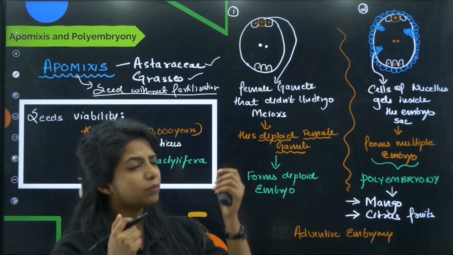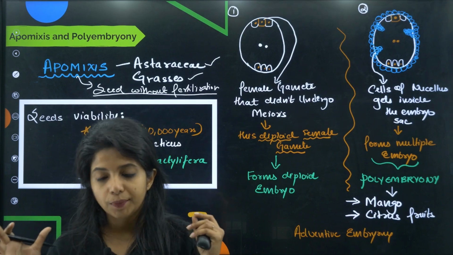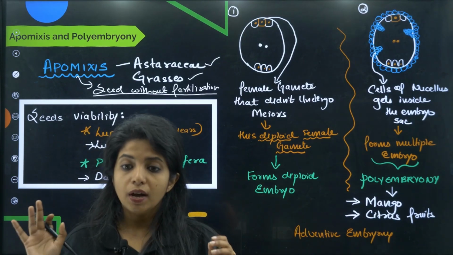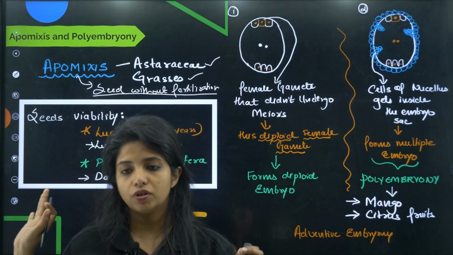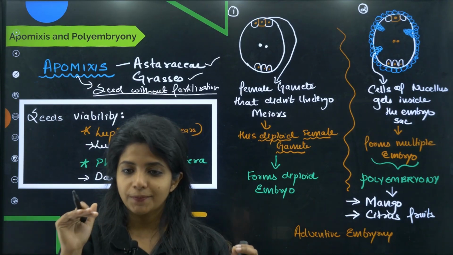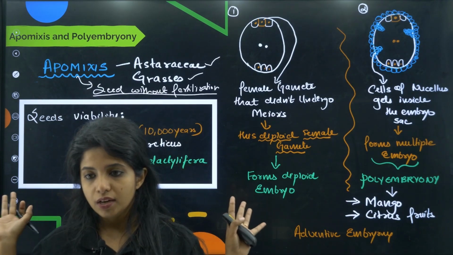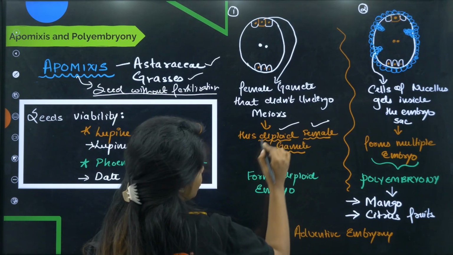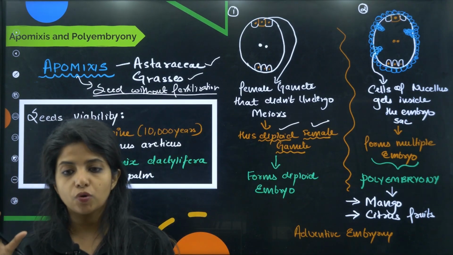One nucleus among them will be the female gamete, and it will be haploid. But over here, just imagine that the female gamete has been produced without the reductional division. Without meiosis, the female gamete has been produced and hence this will be diploid.